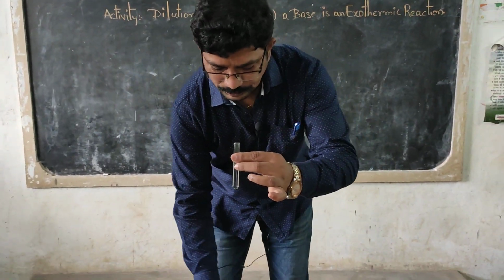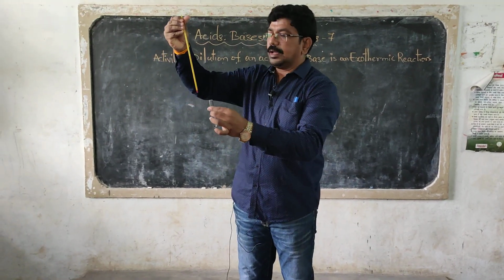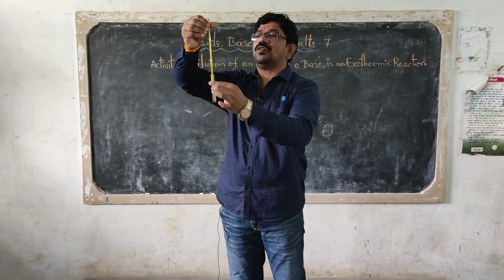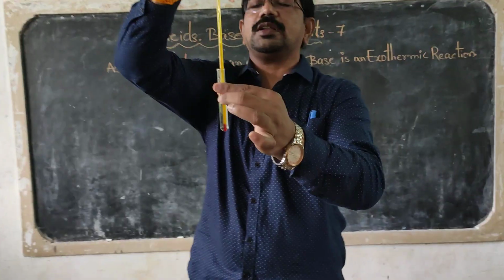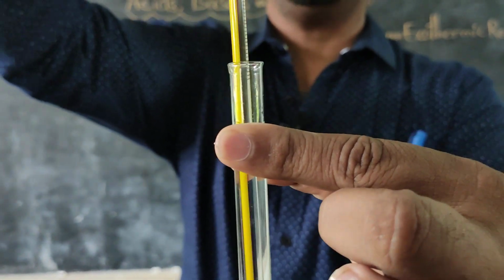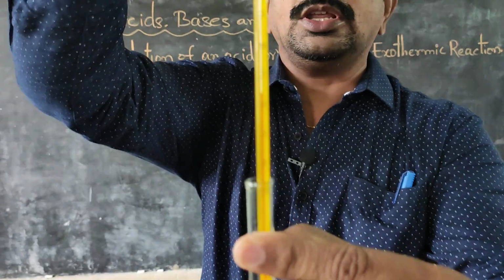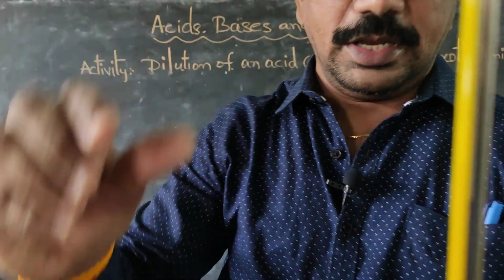Now, record the initial temperature of the water. See the red mark. What is the initial temperature? It is 25 degrees centigrade.